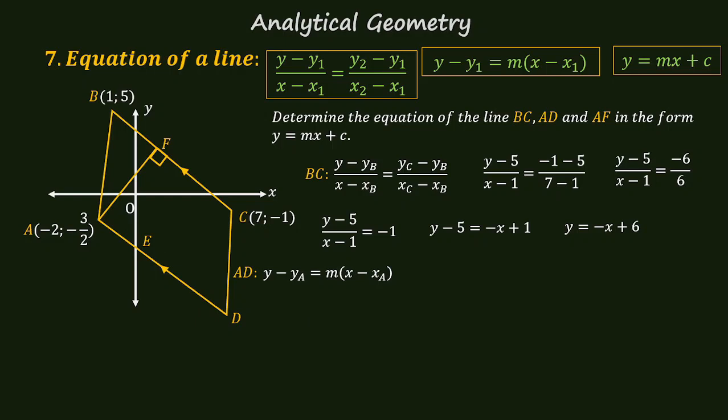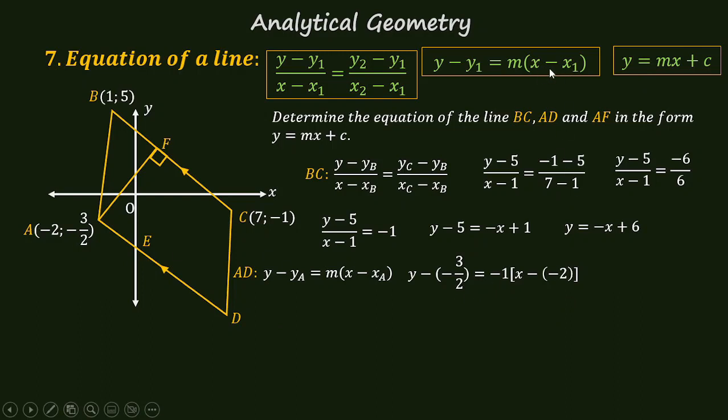So we can use this second approach of finding the straight line, the gradient-point method, because we have the gradient, which is minus 1, and we have 1 point A. So we can use this approach to determine the equation of the straight line. All we have to do is substitute the right values. It's y minus minus 3 over 2, because this is negative, the minus 1 for the gradient coming from this equation, times x minus minus 2 as well.